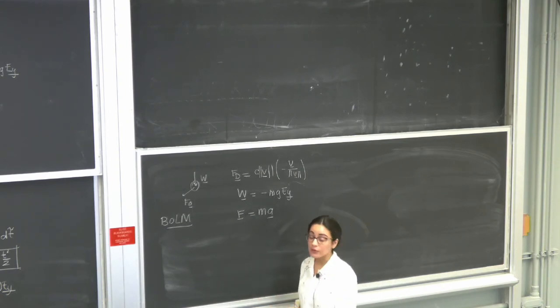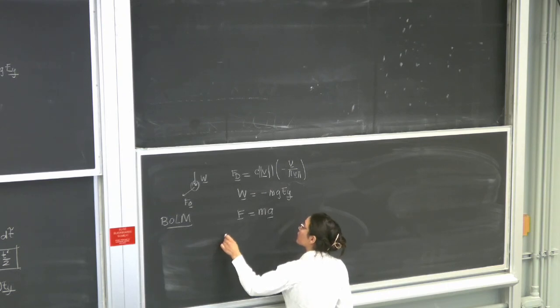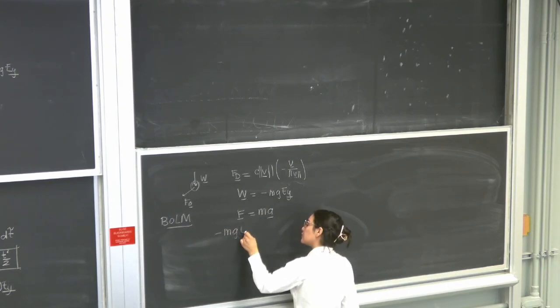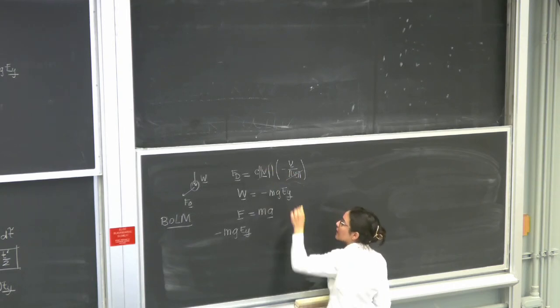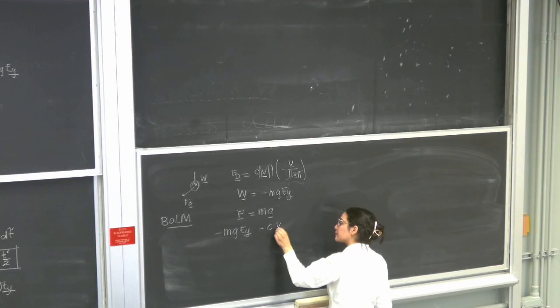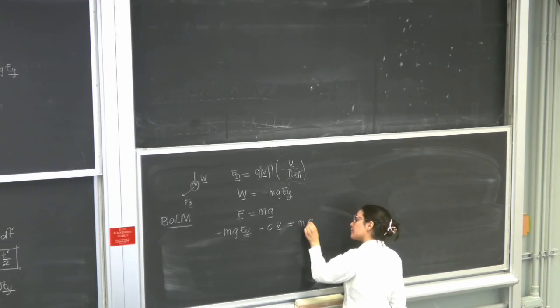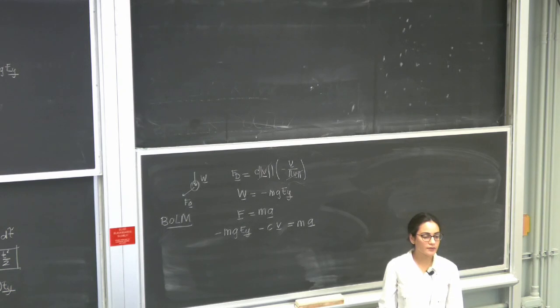And that's very important. So I'll get mg e_y minus c v, for the drag force, equal to ma. That's my balance law, right?